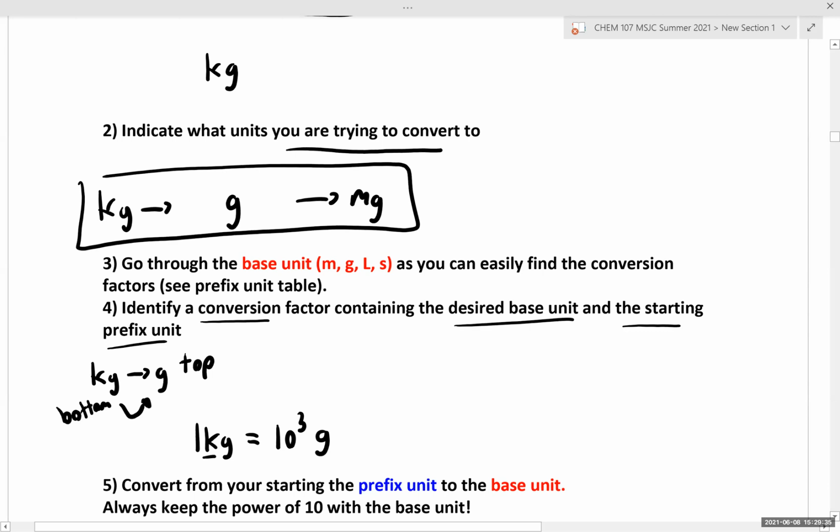So when we write our conversion factor, we write it so our desired units are in the numerator, so grams are on top, and the undesired units are in the denominator. Kilograms are on the bottom.